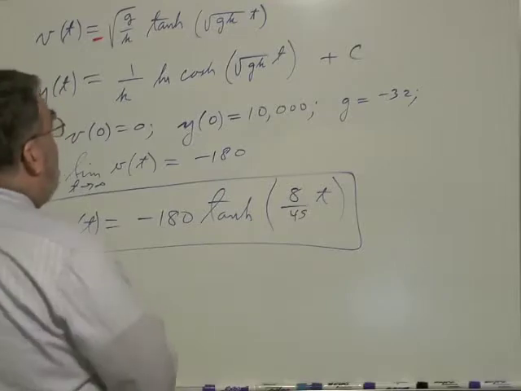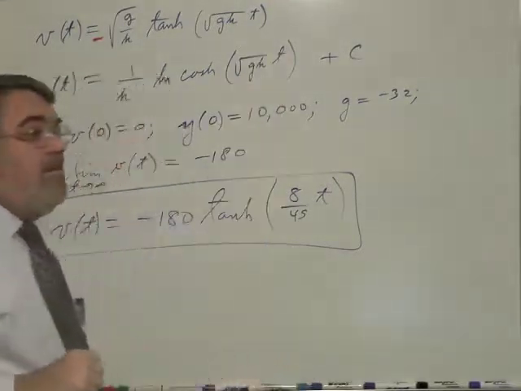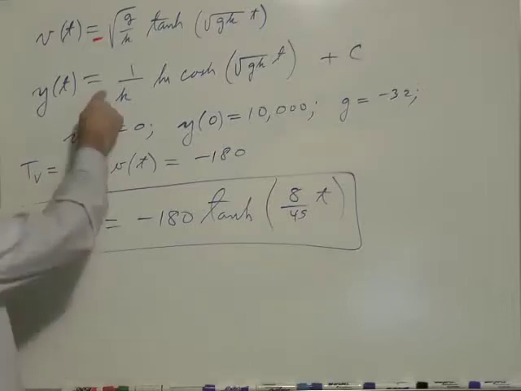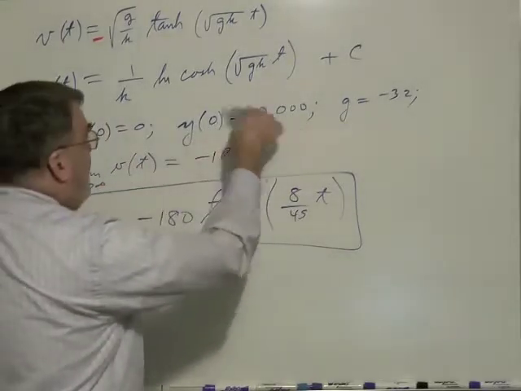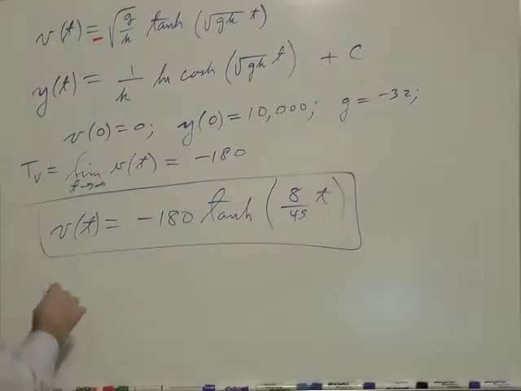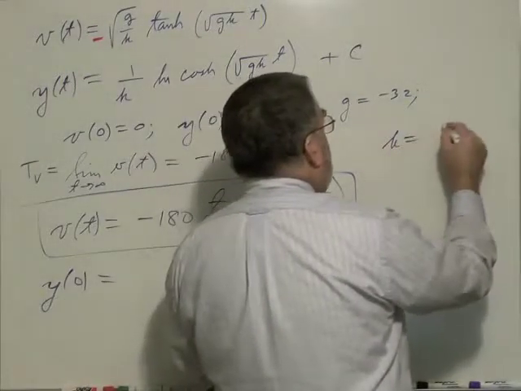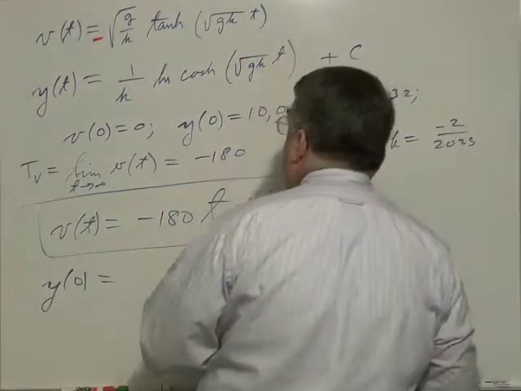But for now, I need, as you'll find out in a minute, I need this term to be negative. So we'll see what happens here. Alright, so for the moment, let's assume that this is correct. And I want to use my initial altitude of 10,000, y at 0. So y at 0 would be 1 over k. Now, remember k was equal to minus 2 over 2025.